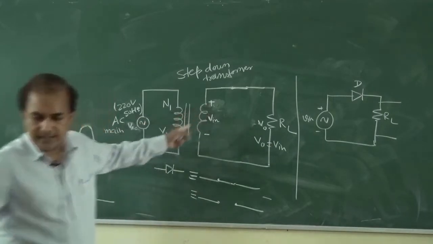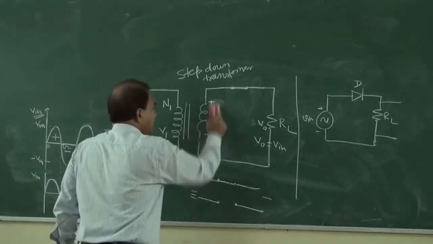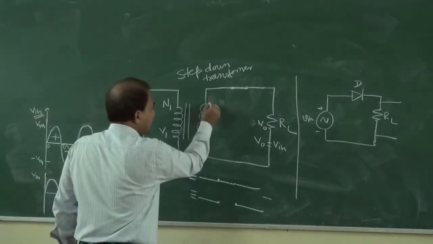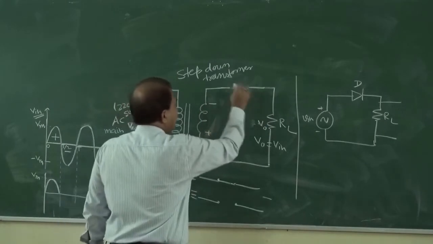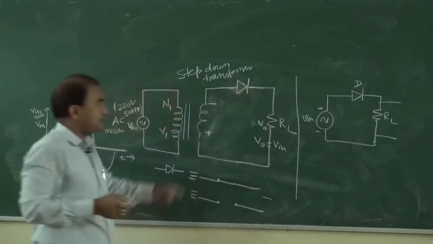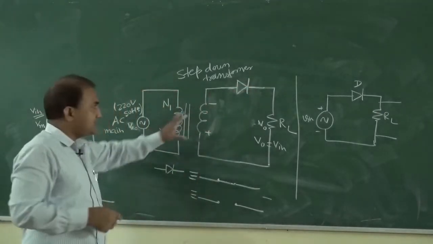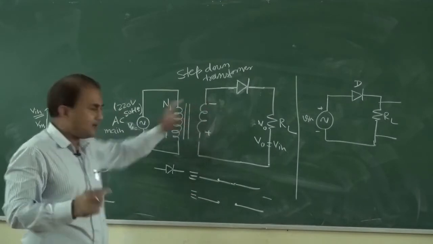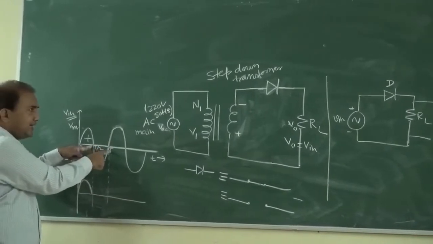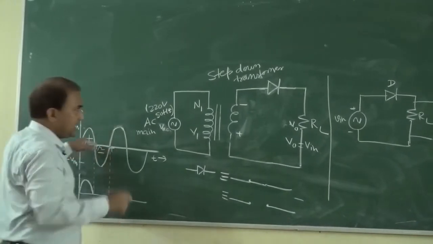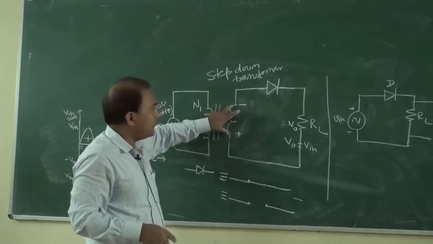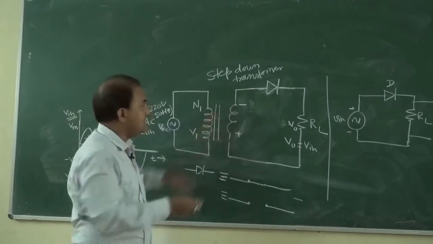Now during T by 2 to T, the polarity of the voltage across the secondary terminal changes. Now we can again connect the diode. This figure is for T by 2 to T. For T by 2 to T, the polarity of this secondary coil has changed.